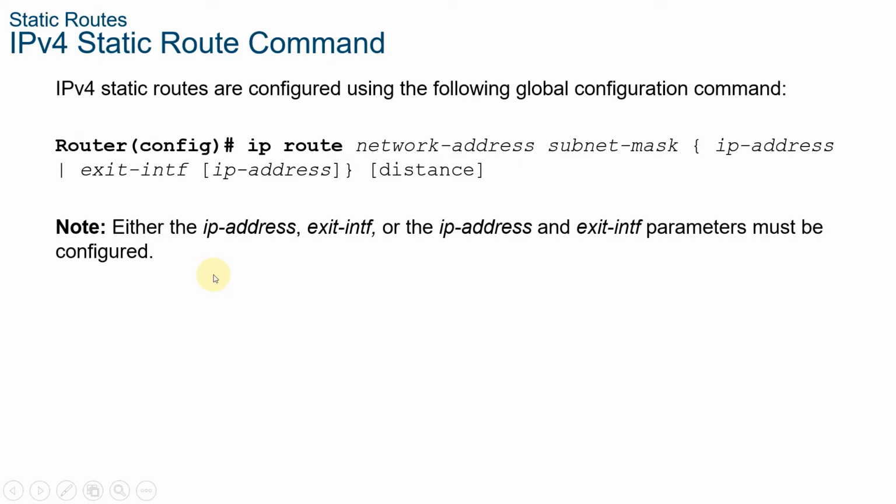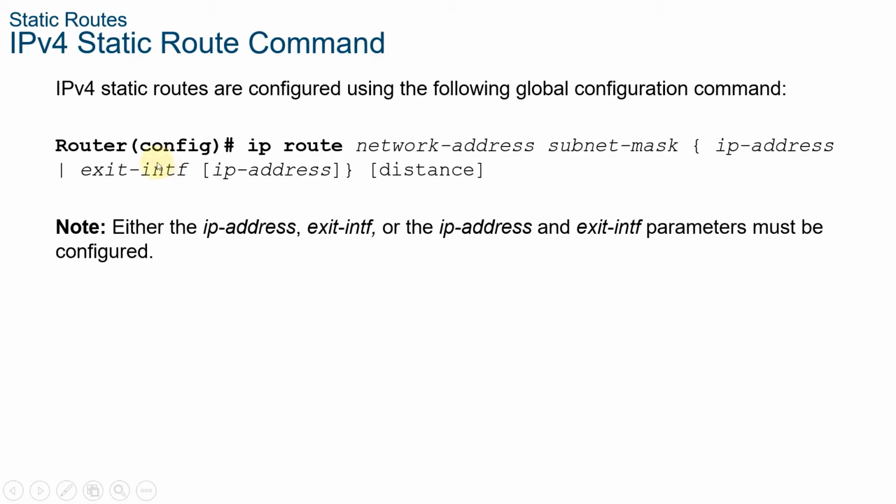Okay, so the IPv4 static route command. IPv4 static routes are configured using the following global configuration command. This is the syntax whenever you want to configure a static route on your router.